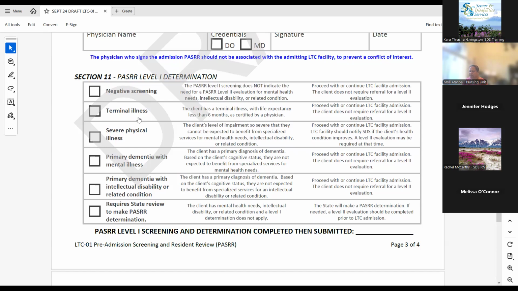So the question is, a physician who signs the admission PASRR should not be associated with the admitting LTC facility. Our hospitalists are frequently one and the same. So there is some concern there when the physician who signs off on the PASRR might be completing the PASRR.